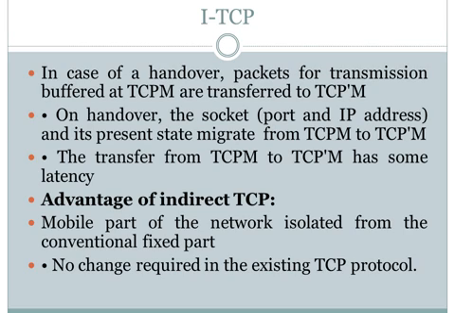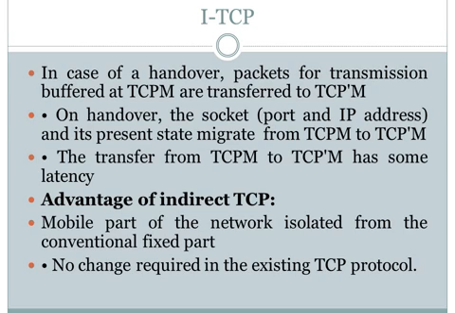That is one disadvantage. Another disadvantage is the handover latency. Whenever a handover occurs, we have seen that the entire state of the socket for TCP-M, along with the data, has to be transferred to a new BTS, base transceiver station, in the foreign network.